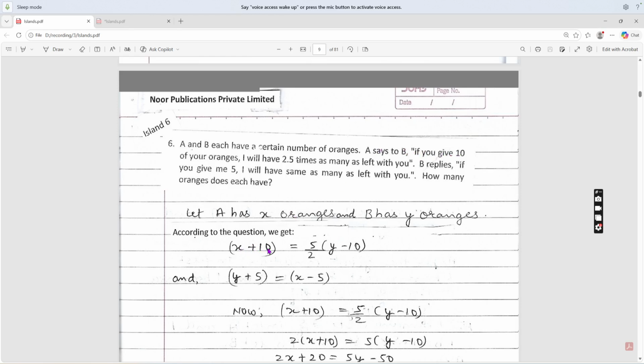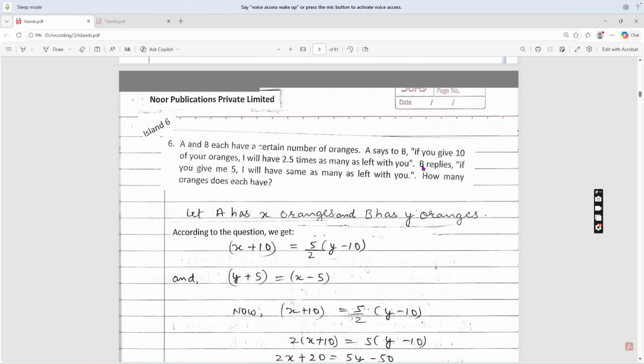And what is 5 by 2? That is 2.5, because it is written that the ratio in the new arrangement is 2.5 times. So X plus 10, the new number of oranges held by A, would be equal to 2.5 times the new number held by B, that is Y minus 10.